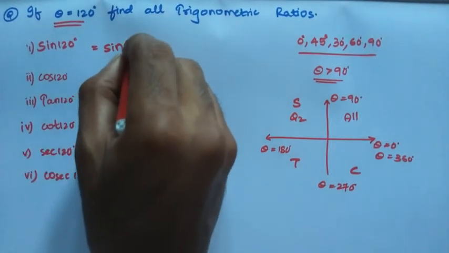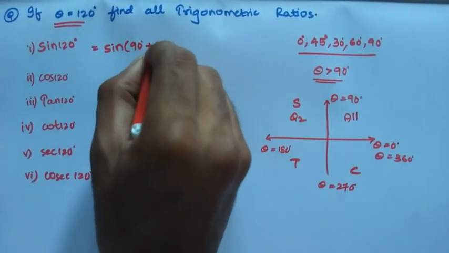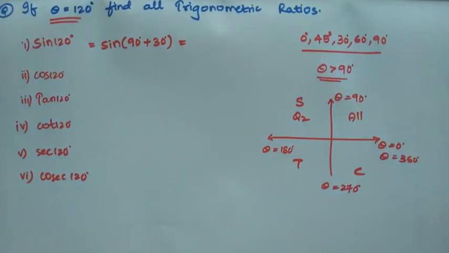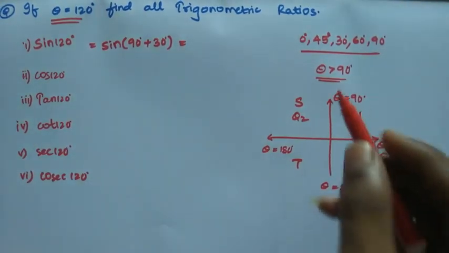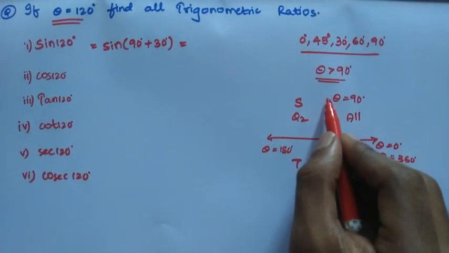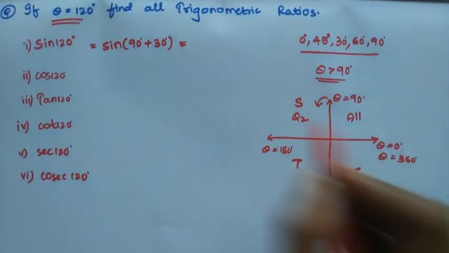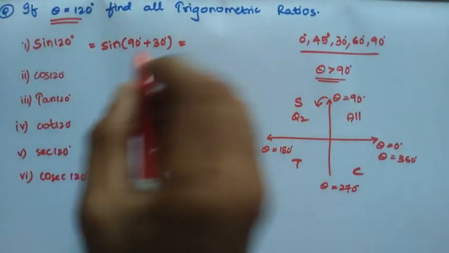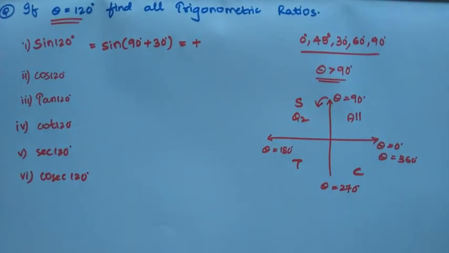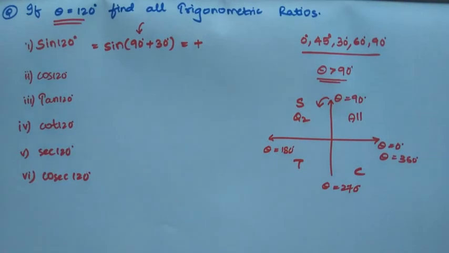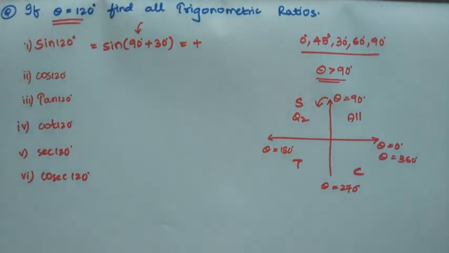Now, sine of 120 can be written as 90 plus 30. Since it is 90 plus 30, it is in quadrant 2. In quadrant 2, sine is positive, so it will be positive. Next we need to check the angle, whether it is an odd multiple of 90.